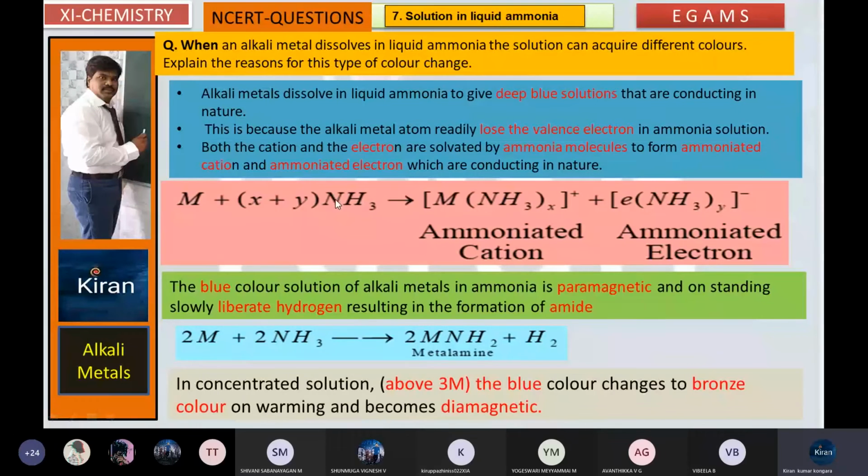When dilute solution of metal in liquid ammonia is taken, you are getting blue color. When heating the concentrated solution, the blue color changes again into bronze color solution. This bronze colored solution is diamagnetic and the blue color solution is paramagnetic. So these are the important points we have to remember.